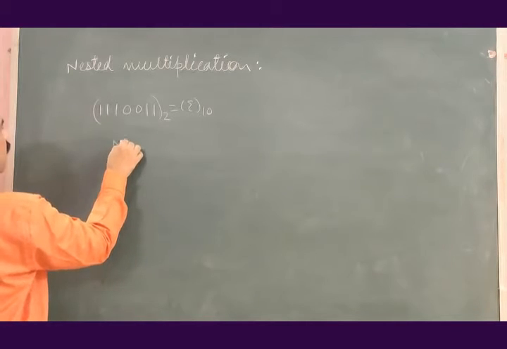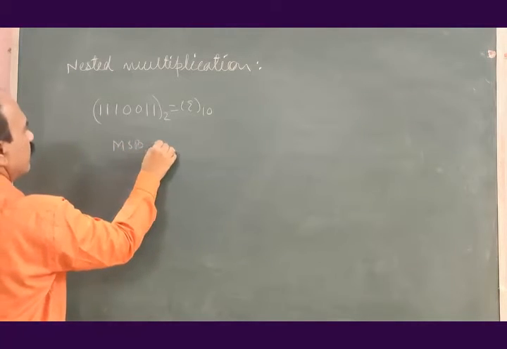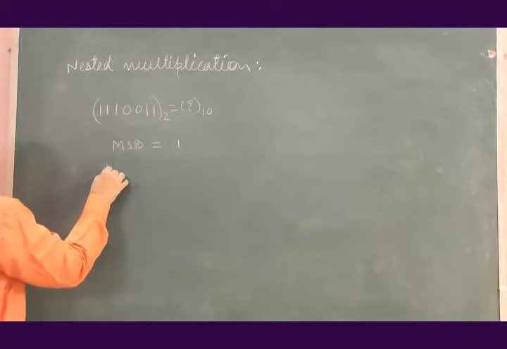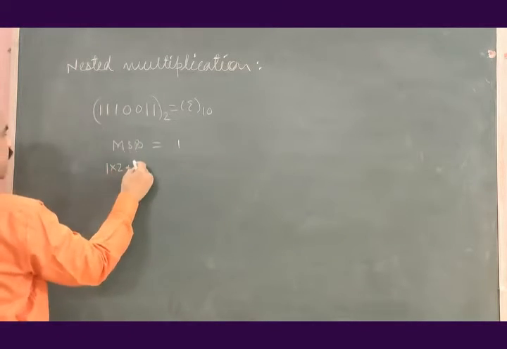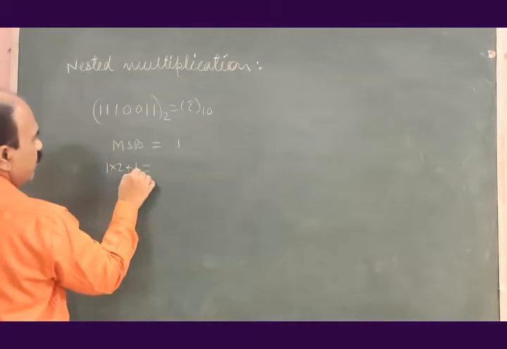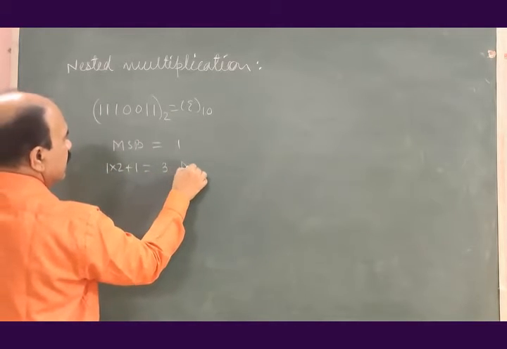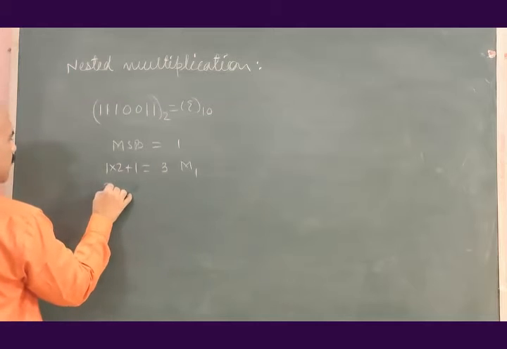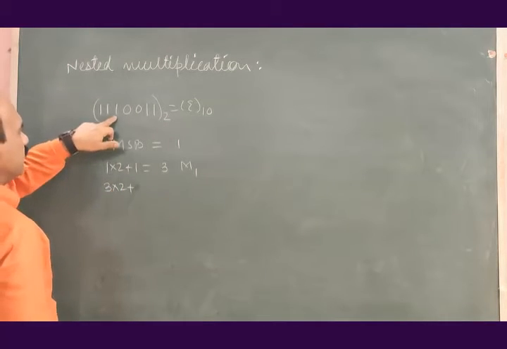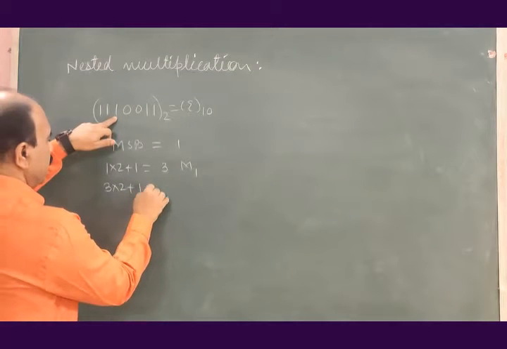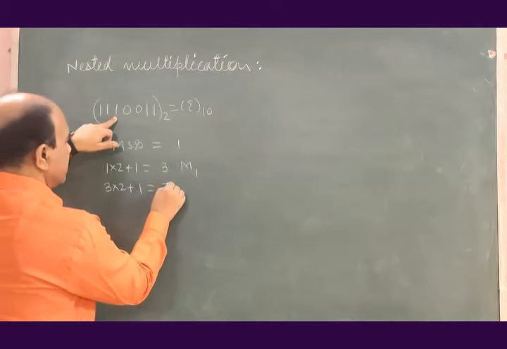MSB 1, note it down. Multiply this MSB by 2, add second MSB. 2 plus 1, 3. 3 into 2 plus next one. Next bit is 1. 3 2s are 6 plus 1, 7.